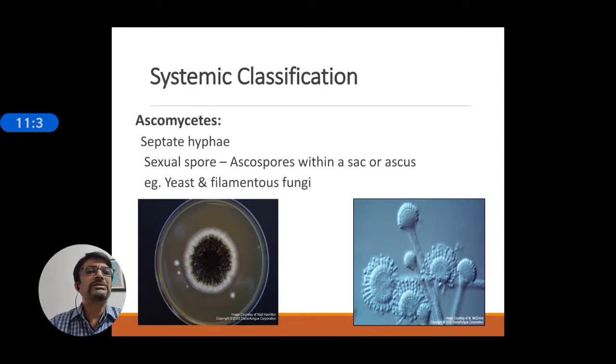Many yeasts are ascomycetes, and some filamentous fungi like Aspergillus niger. Here you can see the microscopic feature of Aspergillus niger and its growth on Sabouraud agar.